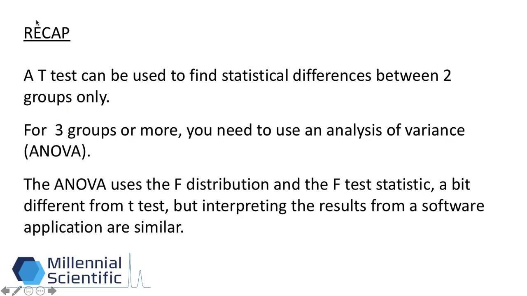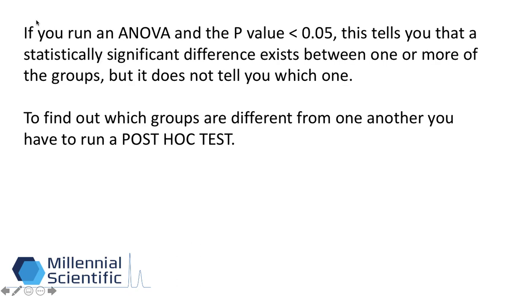To recap, a t-test can be used to find statistical differences between 2 groups. For 3 groups or more, you need to use an analysis of variance, an ANOVA. The ANOVA uses the F distribution and the F-test statistic, which is a bit different from the t-test, but interpreting the results from a software application, they're similar.